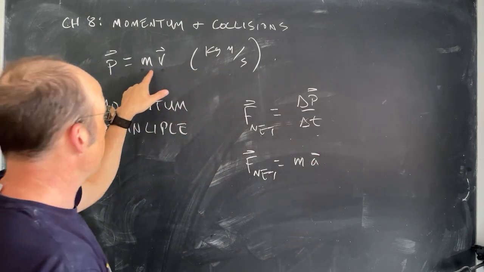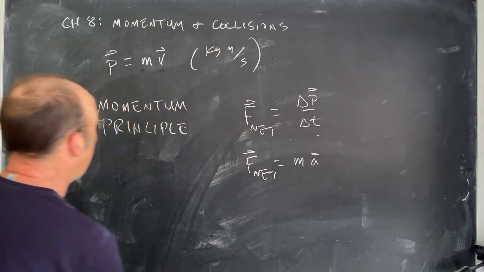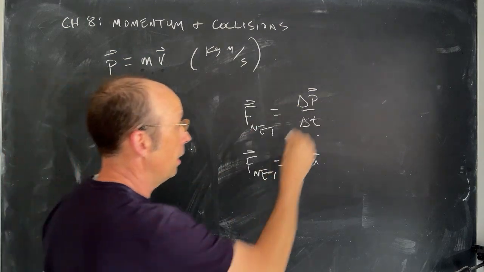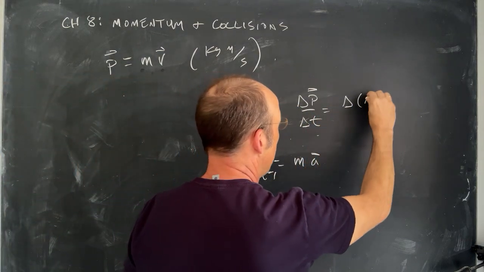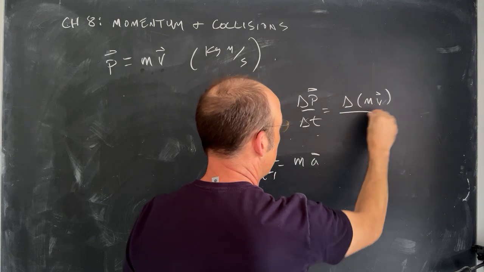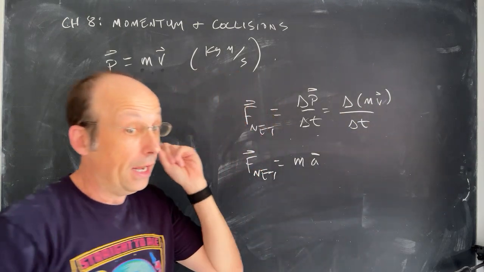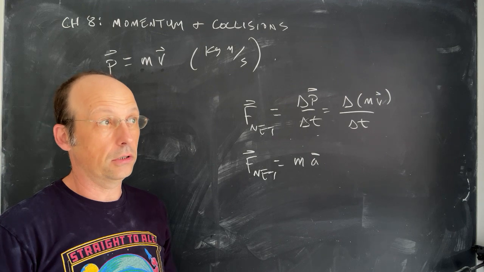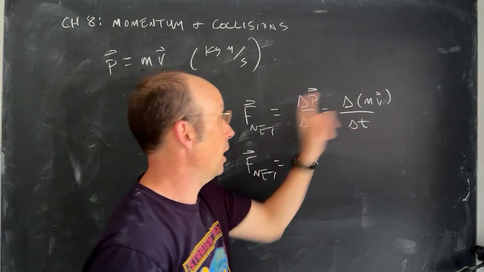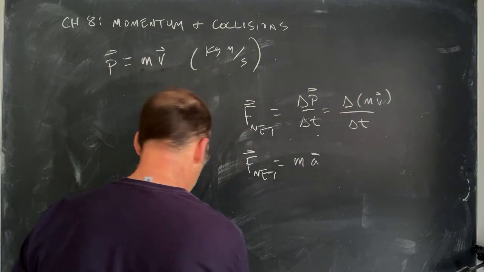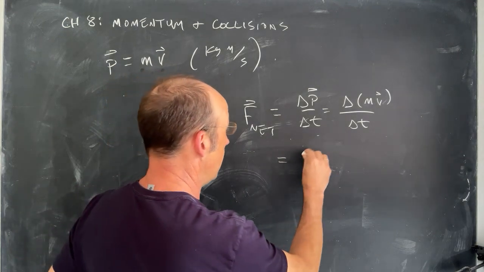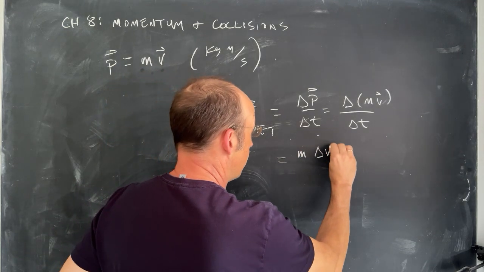If I use momentum is mass times velocity and put that in over here, this is going to be the change in mass and velocity with respect to time. There's a very good chance that the mass does not change. If the mass of the object does not change, I can pull that out, and I get mass times delta v over delta t.